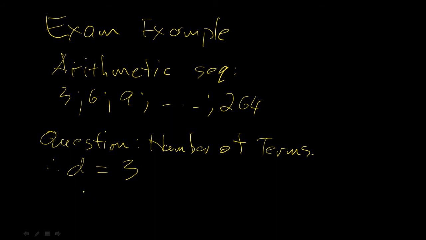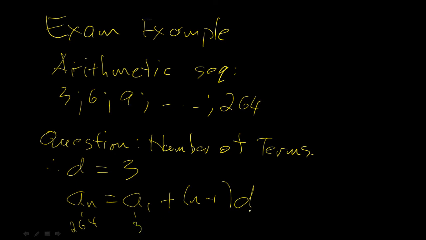Let us again repeat the general formula for an arithmetic progression. It's given by an is equal to a1 plus (n minus 1) times d. We know that an is 264; we've been given that by the examiner. We know that a1 is 3, which is also given to us.